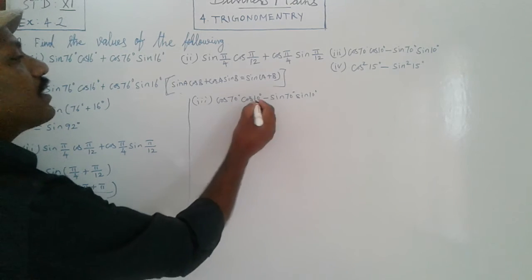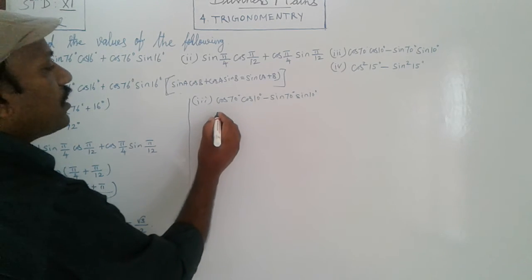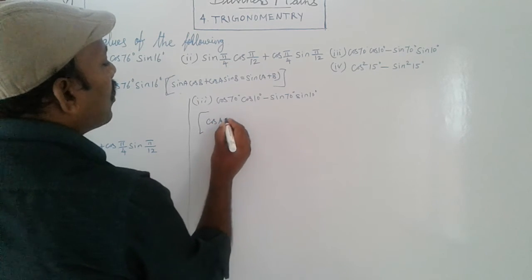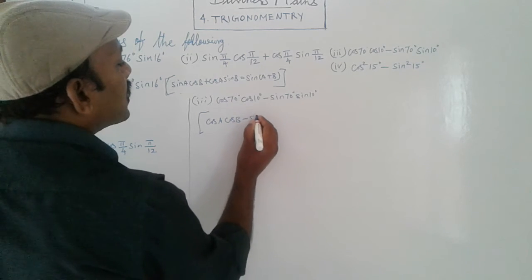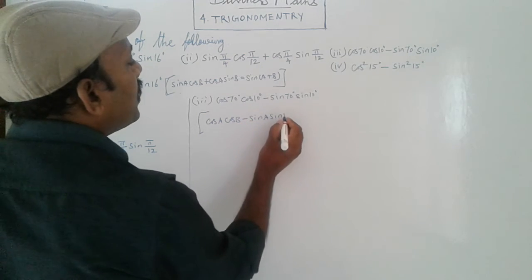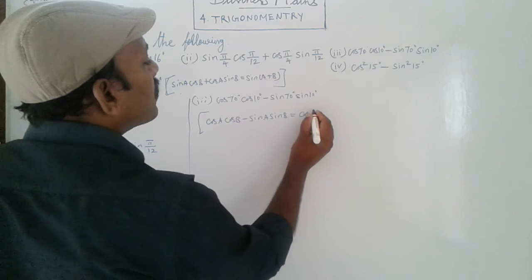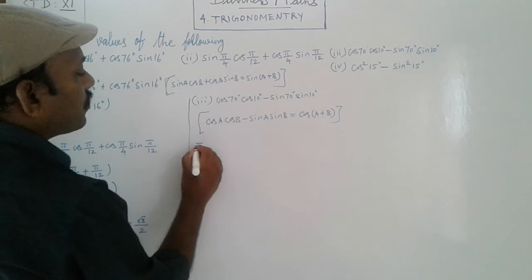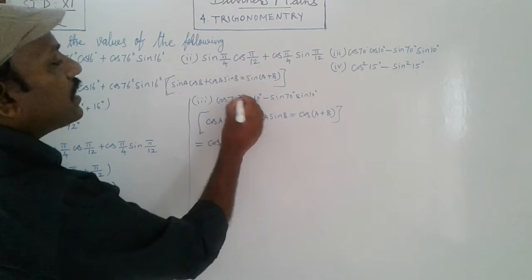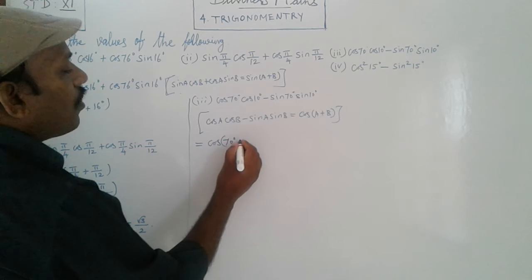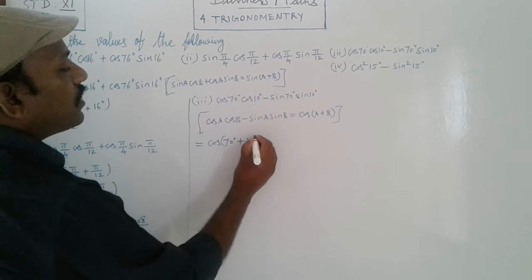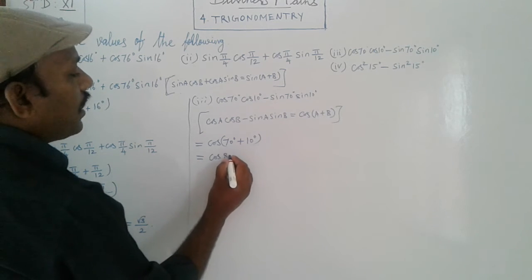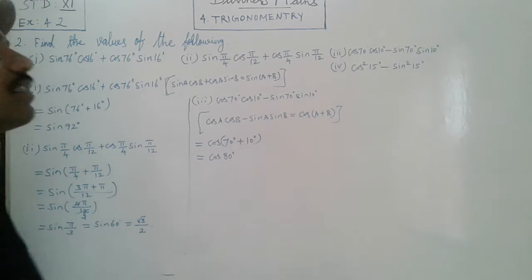The formula is cos A cos B minus sin A sin B. We know that the formula cos A cos B minus sin A sin B is equal to cos A plus B. Substitute this formula. Cos A plus B, A is 70 plus B is 10 degree. So that is equal to cos 80 degree. 70 plus 10 is 80.